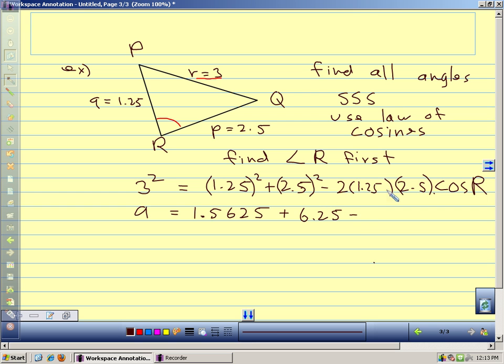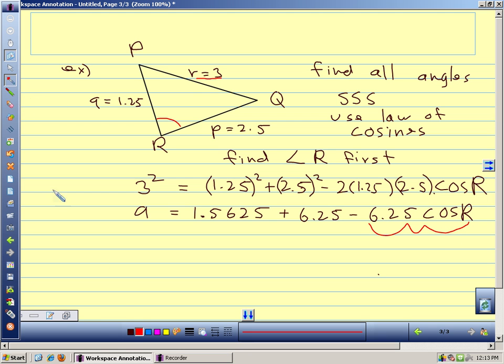Minus, when I multiply 2 times 1.25 times 2.5, I get 6.25 times the cosine of R. Now here's where we need to be careful. These two have to stay together. In these kinds of problems, a lot of people are going to say, oh, here I have 6.25 minus 6.25. That's 0. Those cancel out. We have to keep these two together.